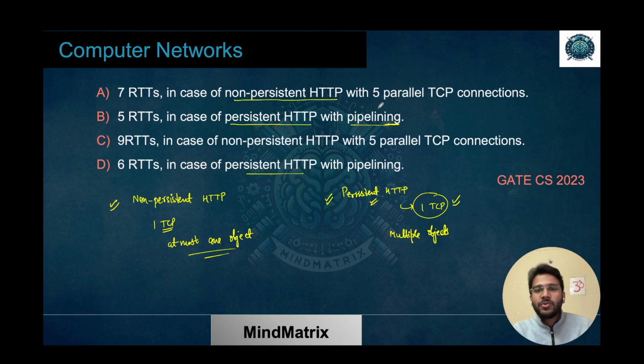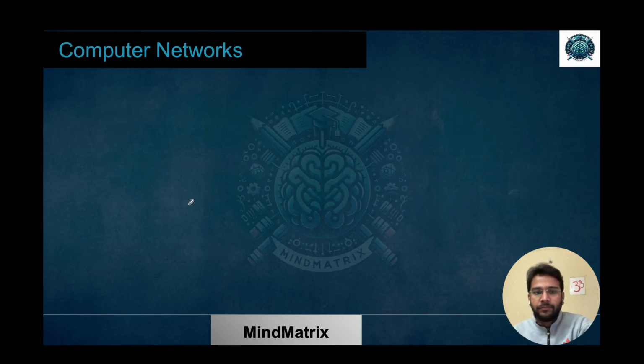Now we need to answer this question: how many RTTs will be required in case of both persistent HTTP and non-persistent HTTP? So let's understand here. First of all, 3 RTTs will be required for DNS. Let's talk about the persistent one, persistent with pipelining.